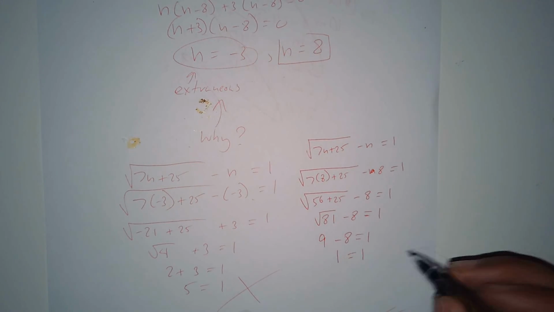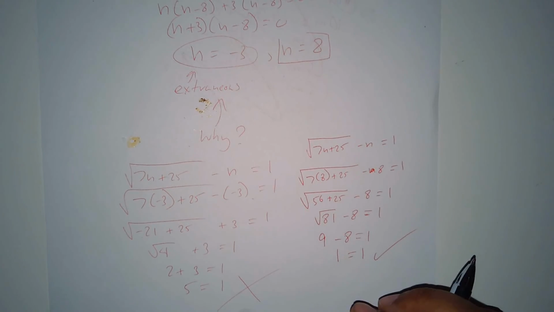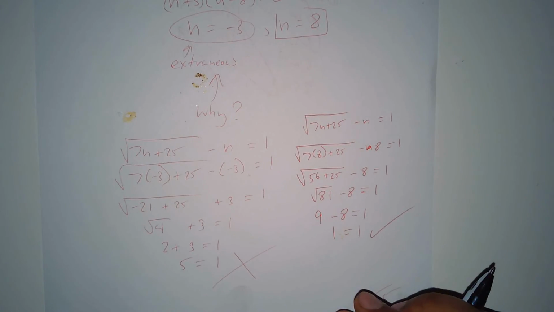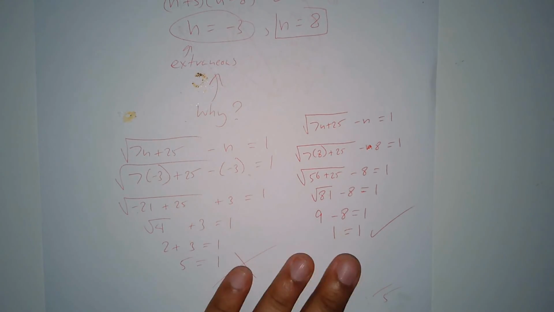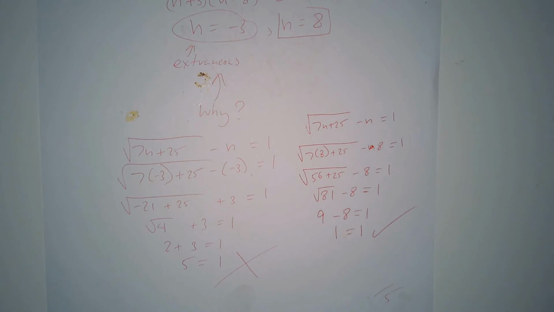Okay, so 1 equals 1. So that works. Okay, so there's your comparison, right? So you've got one that's extraneous and the one that works. And this is a good habit to get into, because you'll have more confidence in your answer, because you should be able to see that it's able to work. All right, so I'll stop there.